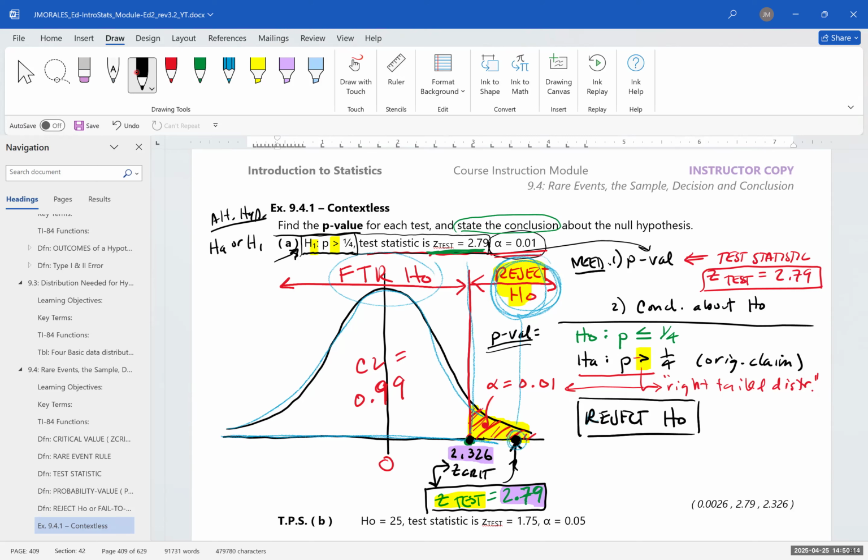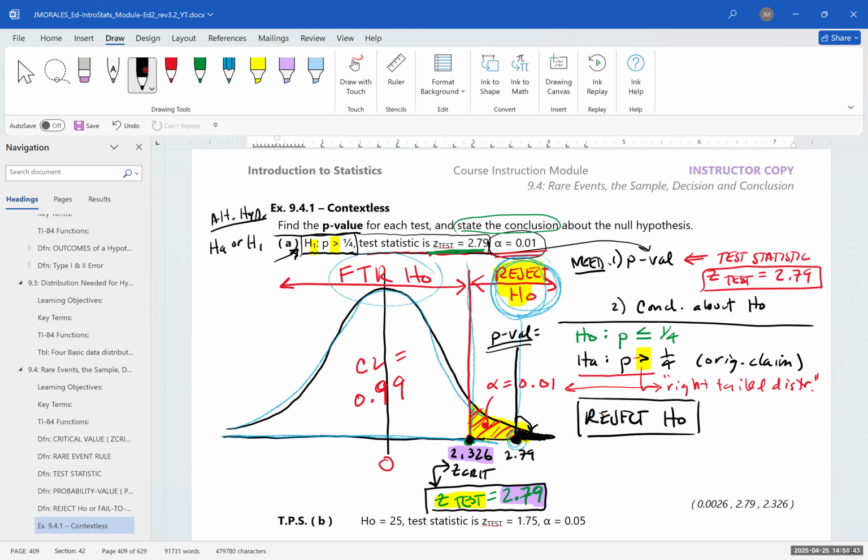Well, the p-value is the area that's bordered by our test statistic. So the p-value is going to be this little piece right here to the right of 2.79. So here's where 2.79 is. So the p-value is going to be this area right there.